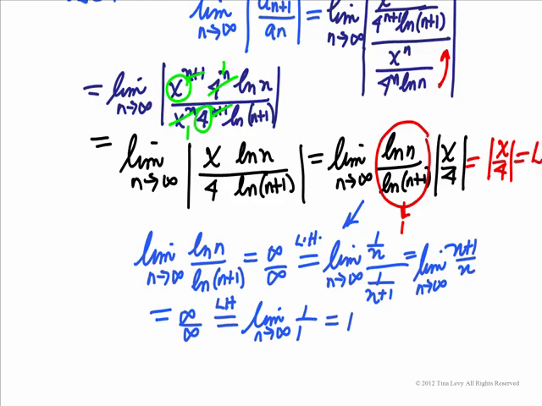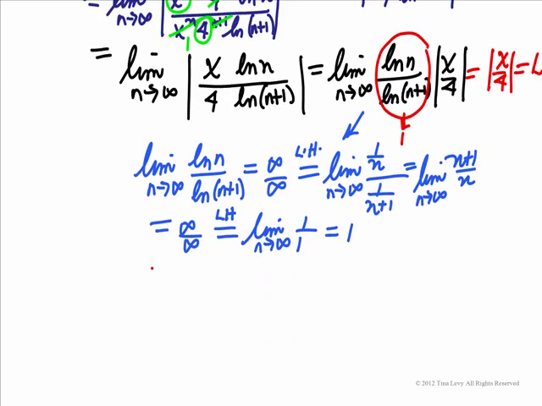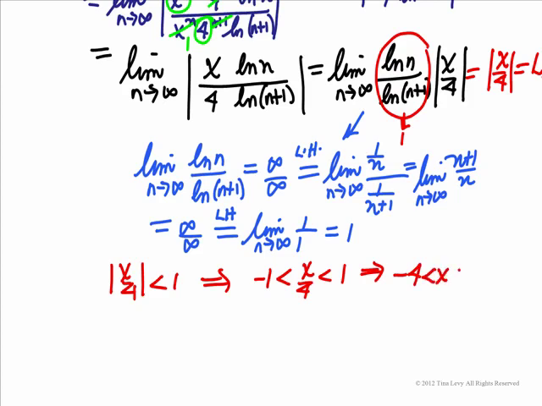But by the ratio test, we must make L less than 1. So the absolute value of x over 4 less than 1 can be written as negative 1 less than x over 4 less than 1. And multiplying through by 4, I have negative 4 less than x less than 4. So I have the first step: the interval where all those x values will make this series converge.